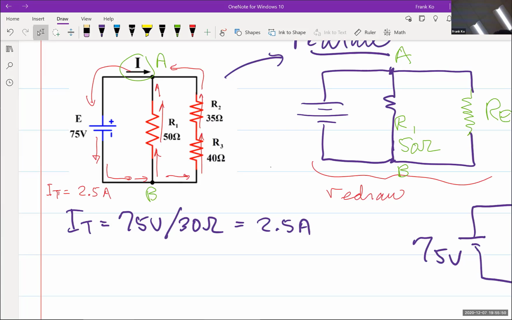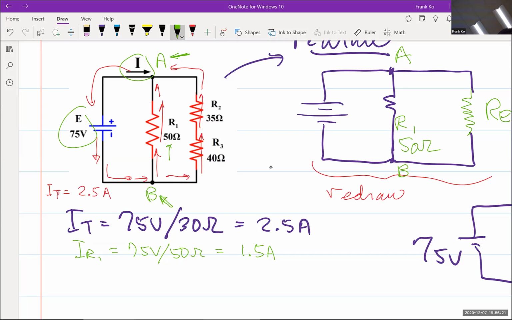I would prefer working with less effort, and Ohm's law is less effort because between point A up here and point B down here, don't we have a 75 volt source? And isn't that entire 75 volts across this 50 ohm resistor? So your IR1 is equal to your 75 volts over your 50 ohms, and that should calculate to be 1.5 amps. Is that correct?